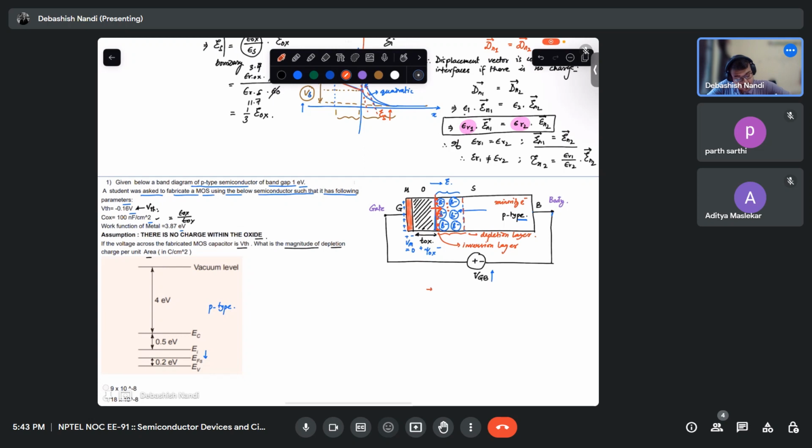One will be your depletion charges, another will be your minority carriers attracted towards the interface. By interface we mean the silicon dioxide silicon interface. So you see why the entire VGB will not be dropped across that oxide only. Do you get that?